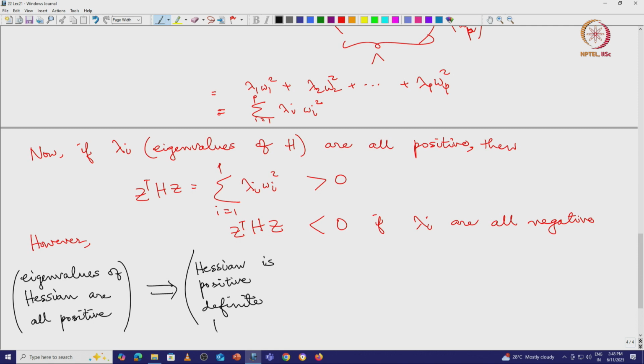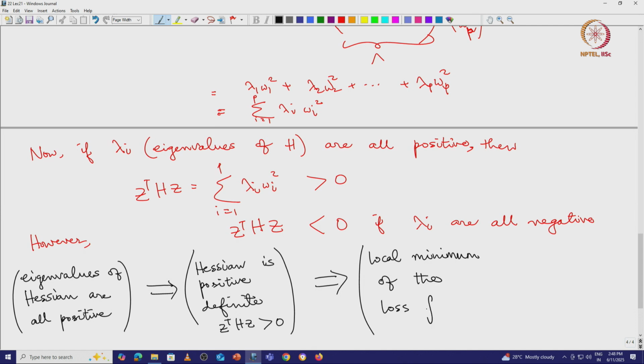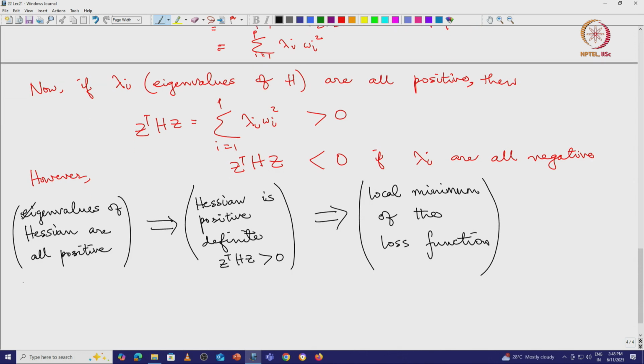So, for any vector z, z transpose H z will be strictly greater than 0, and this would mean that we have a local minimum of the loss function. I hope you are able to see why it is so important for the eigenvalues of the Hessian to be all positive, to lead to a local minimum of the loss function.